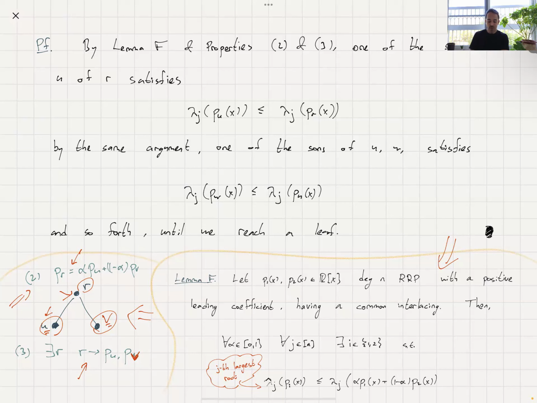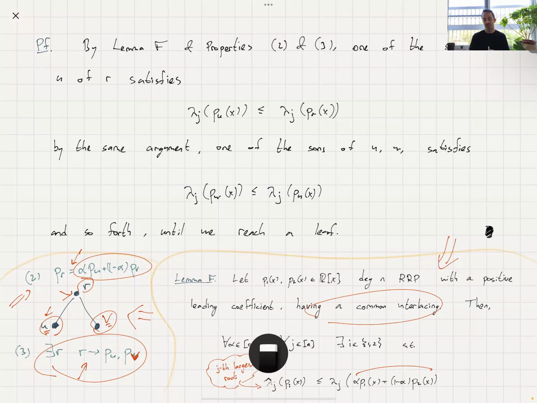Now, because they have a common interlacing, and because PR is a convex combination, lemma f immediately implies that lambda j of either u or v is bounded by lambda j of PR. Right? Because PR is of this form, and they have a common interlacing.